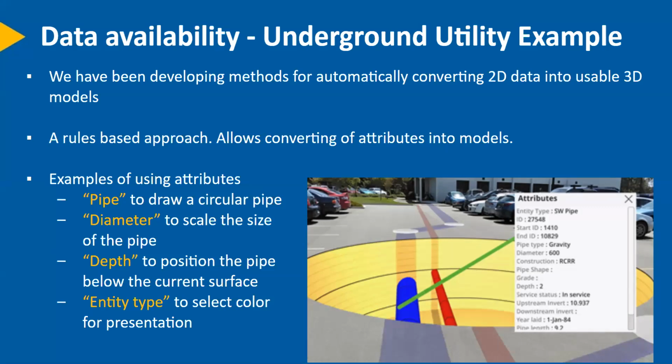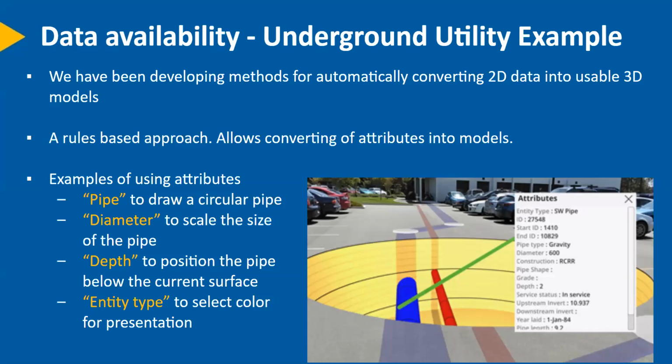Another big challenge there is that your data may be horizontally accurate, but to visualize underground assets, that depth attribute becomes extremely important. And then, of course, we can have all kinds of other rules, things like gas pipes are represented in blue or water pipes are represented in red.